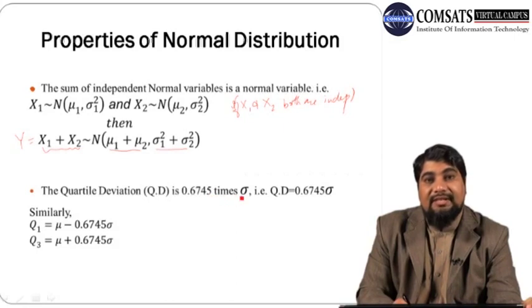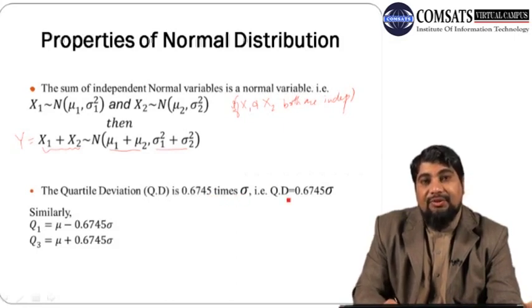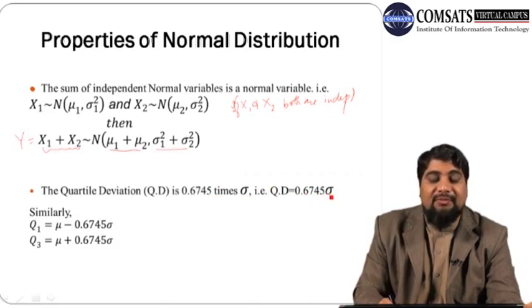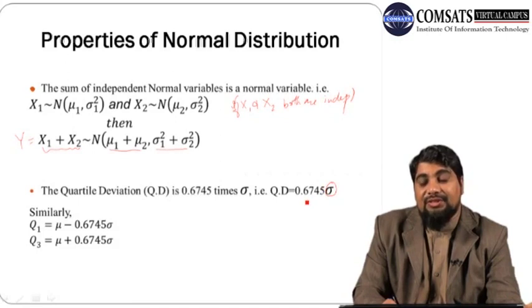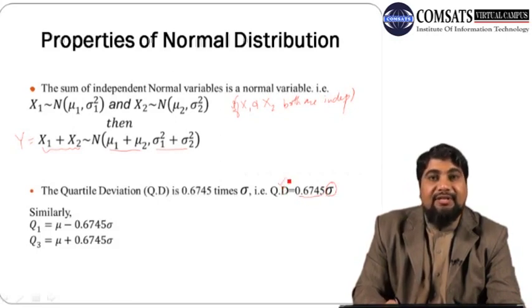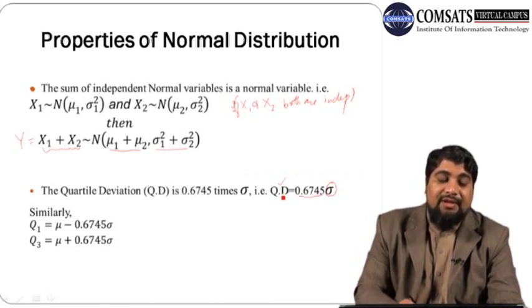So the next property is that the quartile deviation QD is 0.6745 times the standard deviation, that is QD is 0.6745 times sigma. So if we know the standard deviation of the normal distribution, then we can multiply sigma by this constant 0.6745 to calculate the quartile deviation.